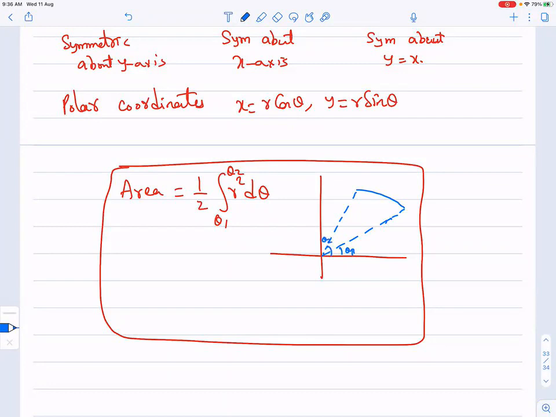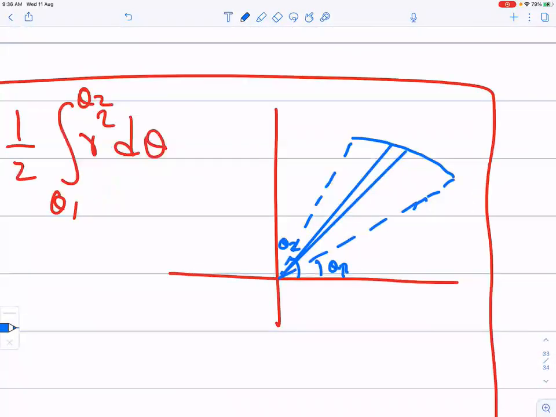What I will do is take a small portion of this, and for this very minute, infinitesimal portion I will assume r is almost a constant.